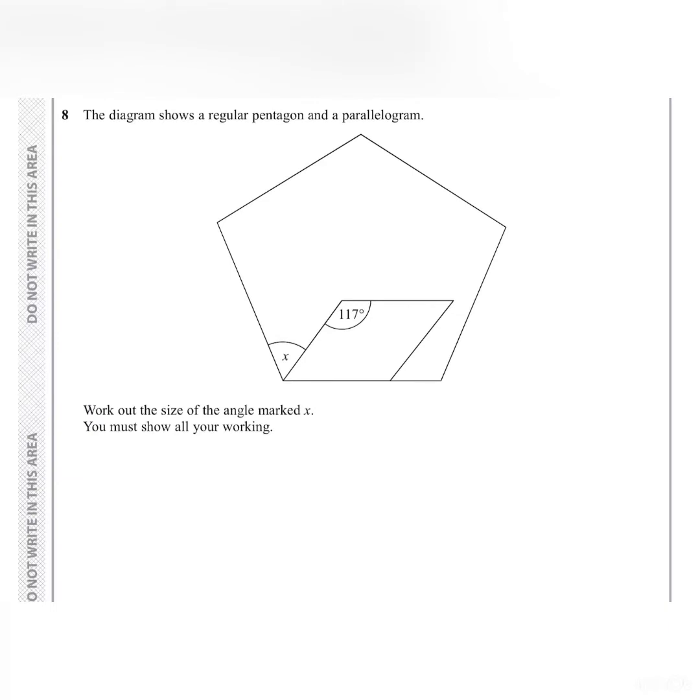Okay, question number 8 says the diagram shows a regular pentagon and a parallelogram, and work out the size of the angle marked X. Now if you notice, in a parallelogram, this angle would be 117 degrees as well, and the size of this angle here, again these are co-interior angles in a parallelogram, so we can do 180 minus 117, that will be 63 degrees.